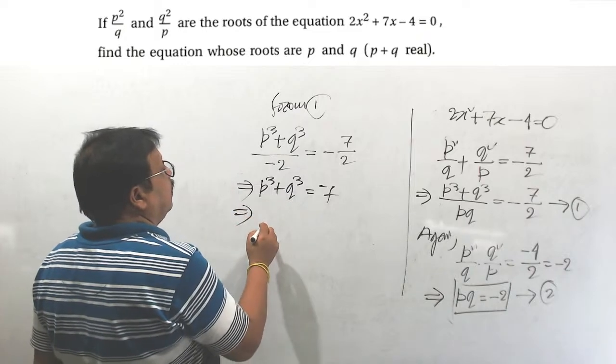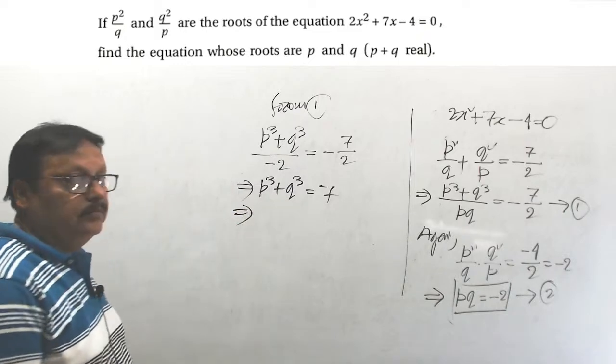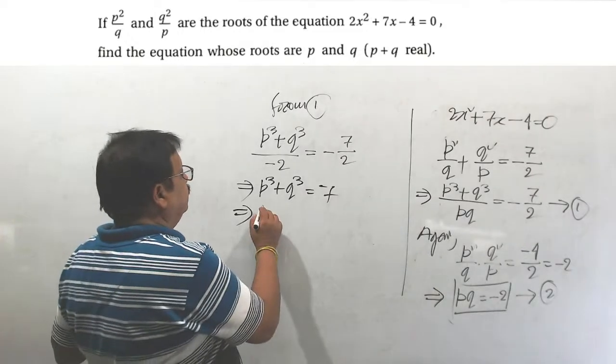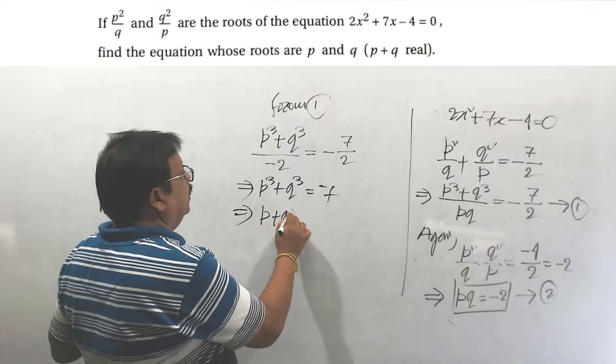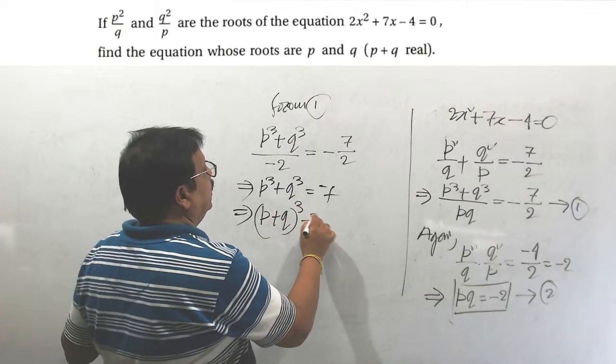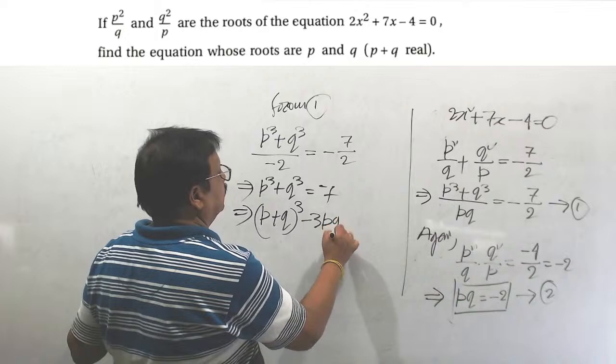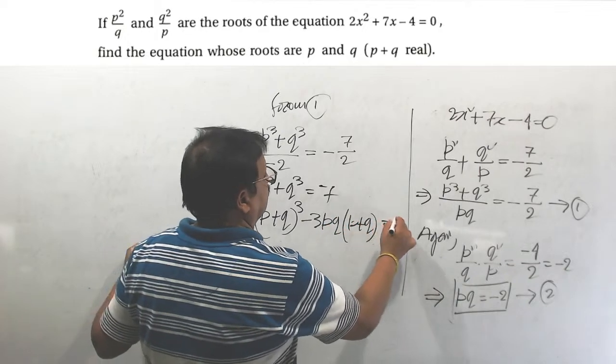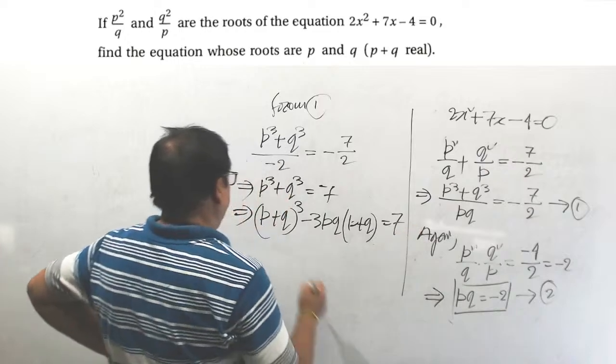This implies a cube plus b cube. What is the a cube plus b cube formula? (a plus b) whole cube minus thrice ab into (a plus b) is equal to 7. Understood?